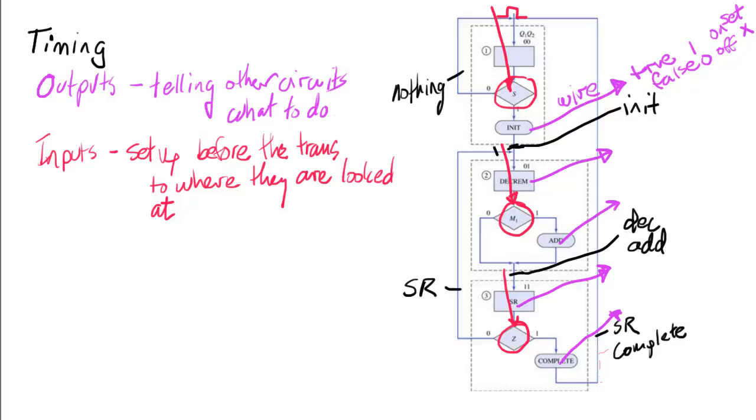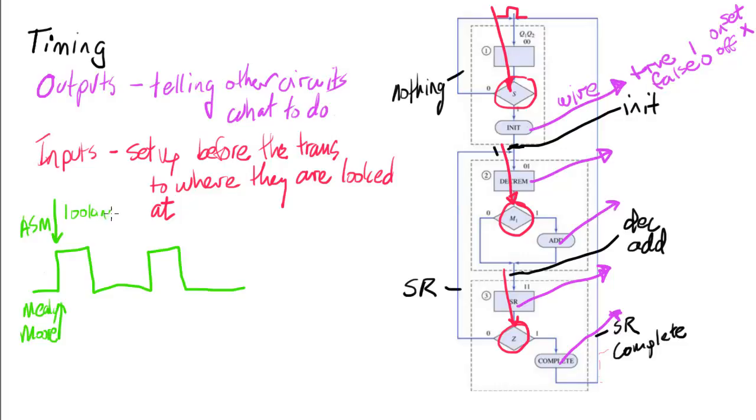So let's draw a clock pulse. This is the rising edge. It's going to trigger things from happening. Over here we have our algorithmic state machine. Here we have our Mealy and Moore circuits. So during this clock period, the algorithmic state machine is looking at inputs and it's deciding what to do next.